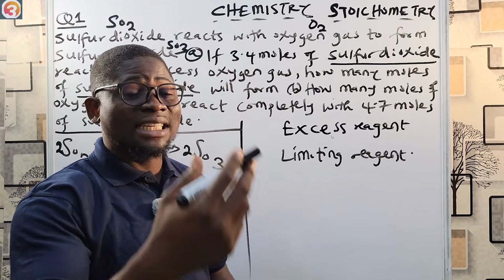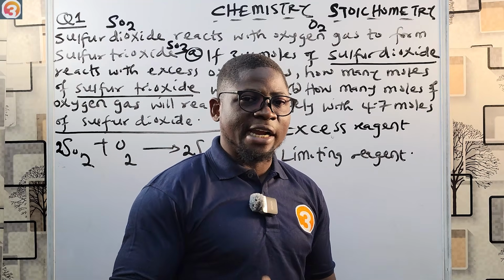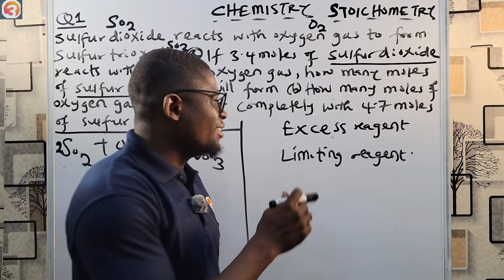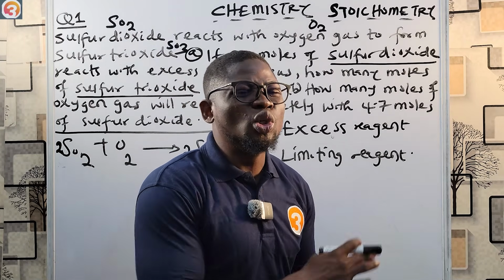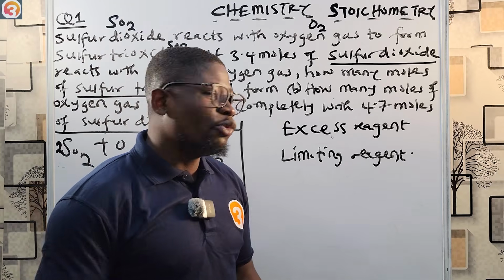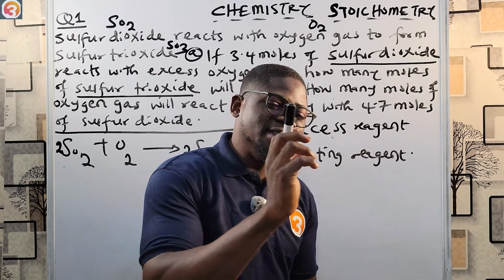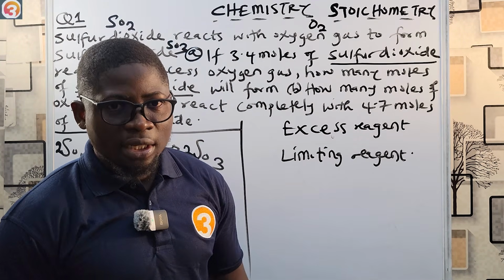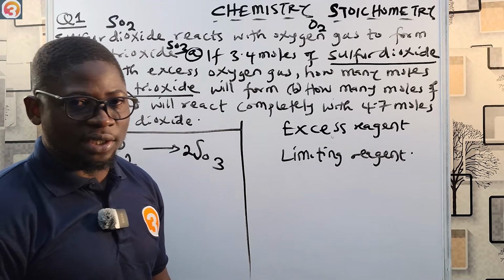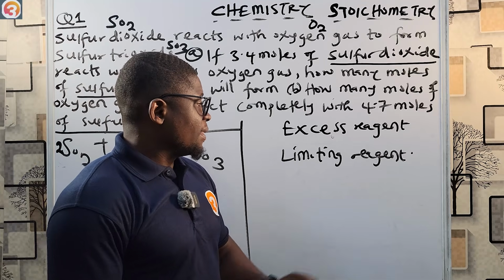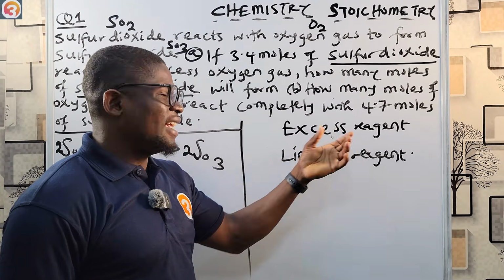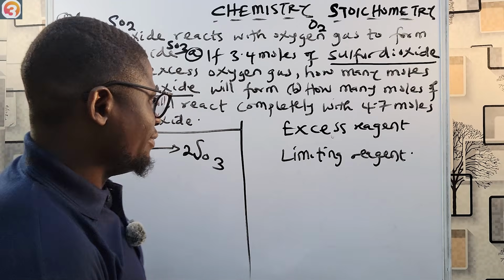While a limiting reagent is a reactant that is completely used up during the reaction. Most times once the limiting reagent has finished, the reaction will stop, and then we'll not have excess. So the limiting reagent is the reagent that is used up during the reaction, while the excess is the one that is left over afterward.